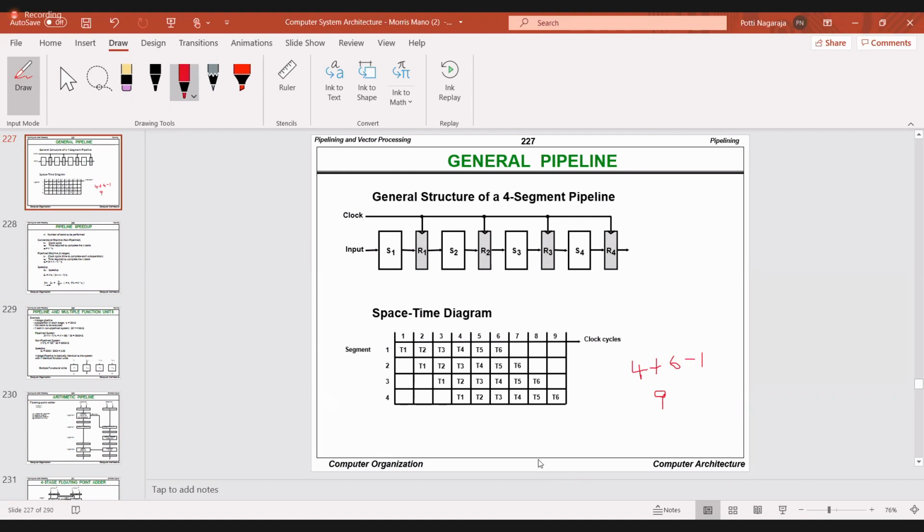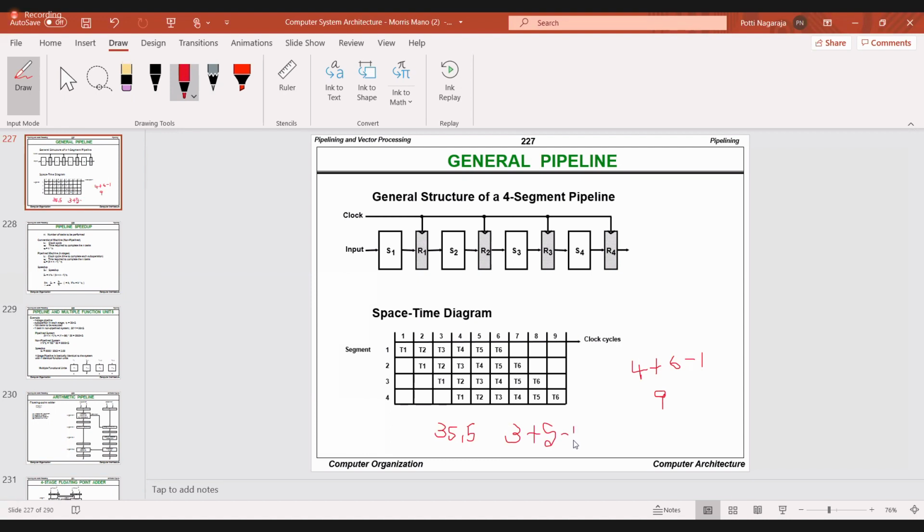Now I'll ask one question. Suppose you have only 3 segments, and the number of tasks is 5. How many clock cycles are required? 3 segments means 3 plus the number of tasks 5 minus 1.